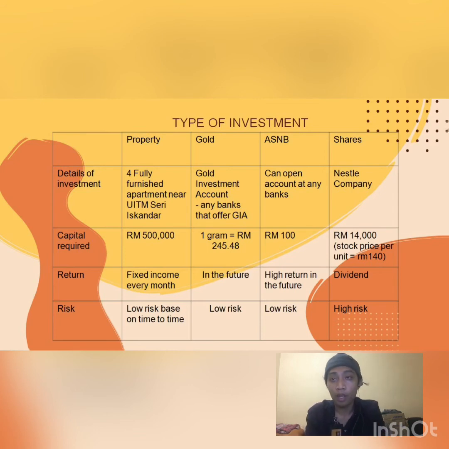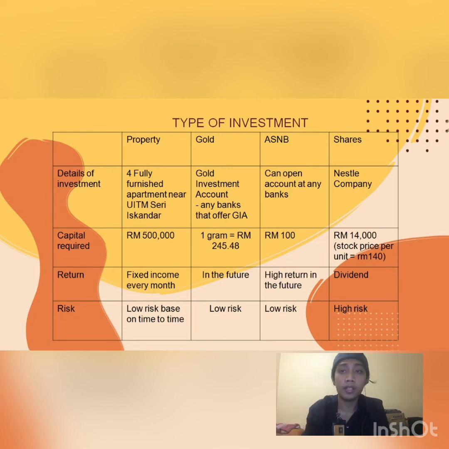So how do we get a return in stocks or shares? First of all, we need to buy low and sell high. For example, on 26 December 2020, the price of Nestle stock was RM140 per unit and we bought it. Then on 6 December 2021, the price of Nestle stock was 160 per unit and we sold our lot.